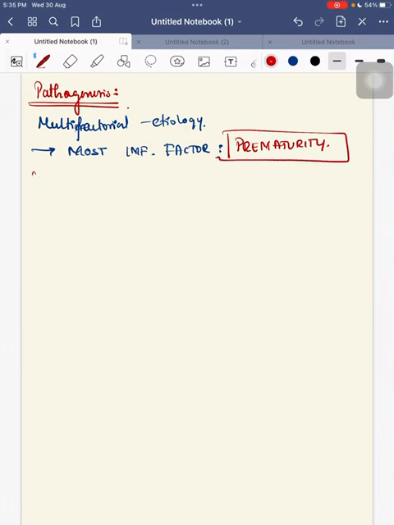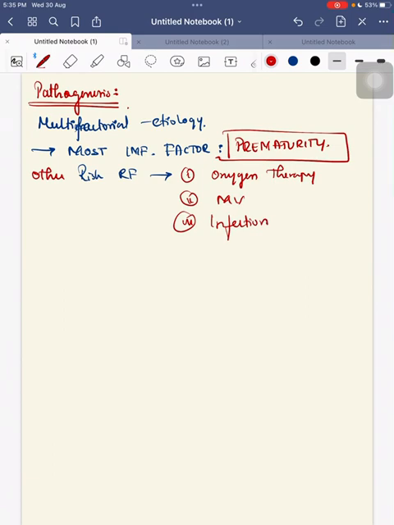Next, other risk factors. What are the other etiological factors that can be involved in a child with BPD? First is continuous oxygen therapy. Second, mechanical ventilation. Third, when the child has a co-infection.